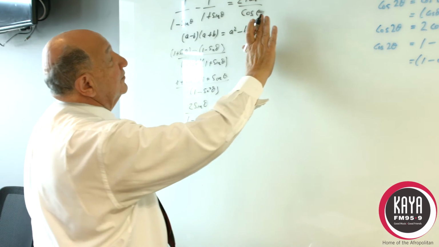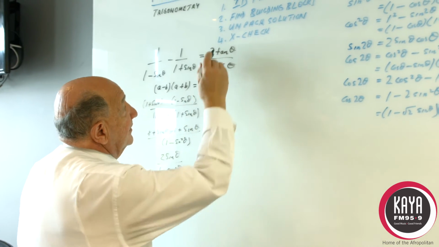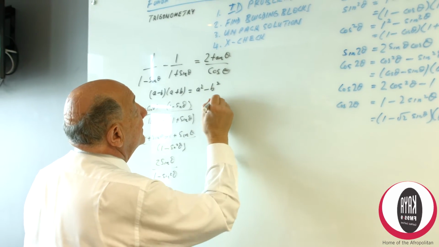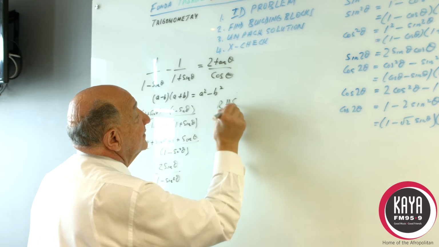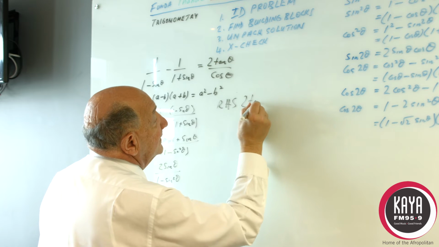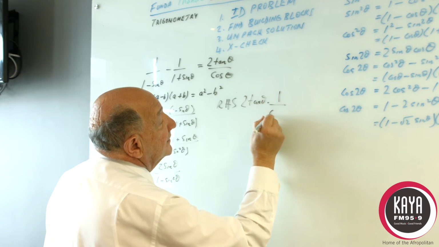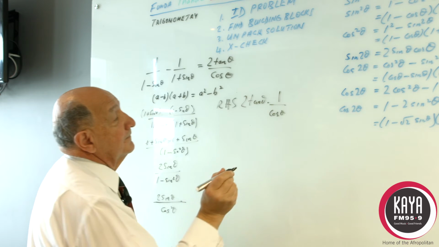Now we need to look at the right-hand side. So the right-hand side, I'll just put RHS. That is 2 tan theta times 1 over cos theta.